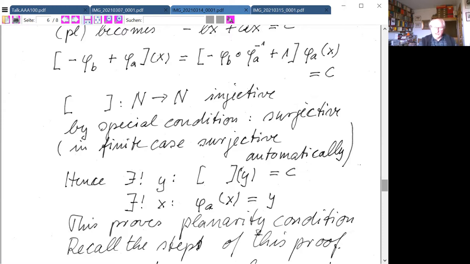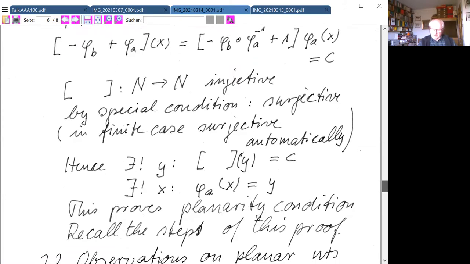But in the infinite case, this can be different. In any case, it must be injective, and by this special condition, it is also surjective, hence bijective. Hence, we have exactly a y such that this of y is c, and then we can find exactly one x so that φ_a(x) is y, and this proves the planarity condition.